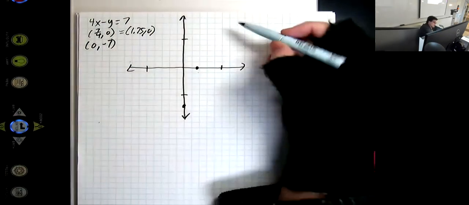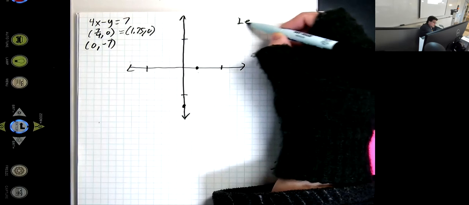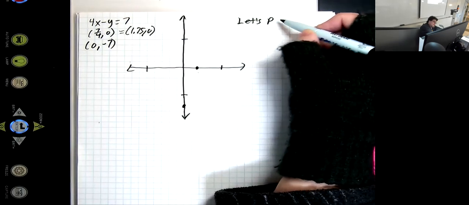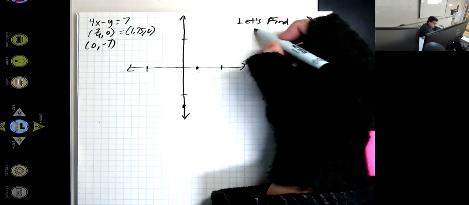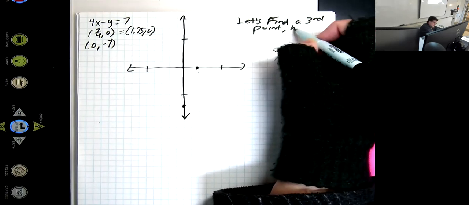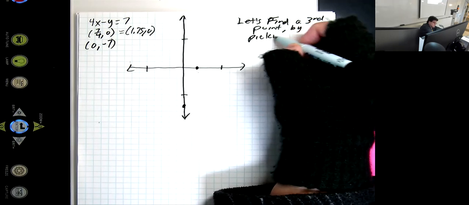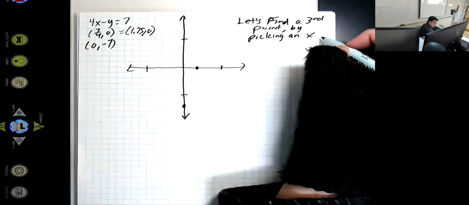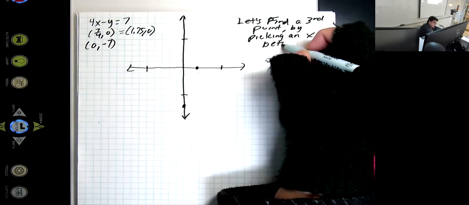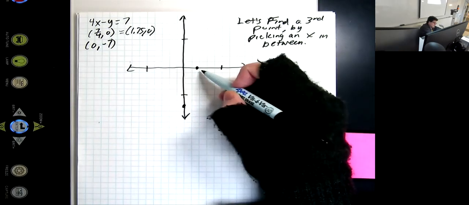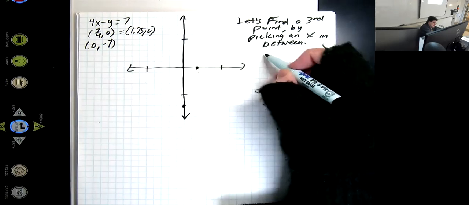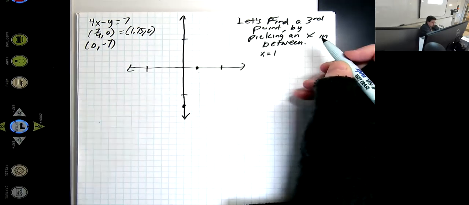So let's find the third point by picking an x in between them. Here x is 0, here x is 1.75. Maybe let's try x equals 1.